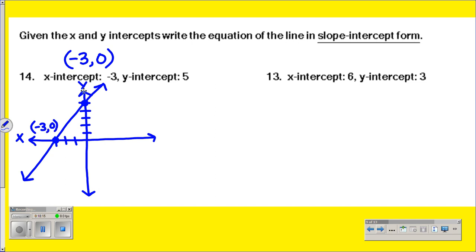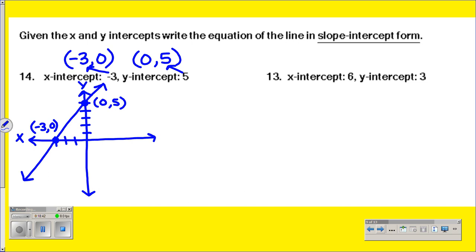For the y-intercept, we're not moving on the x-axis, we're staying at the origin. So our x-coordinate is 0, but on the y-axis we're going up 5. So this point is at 0, 5. All y-intercepts will have an x-coordinate of 0. Notice this 5 became the y-coordinate, and this -3 became the x-coordinate.